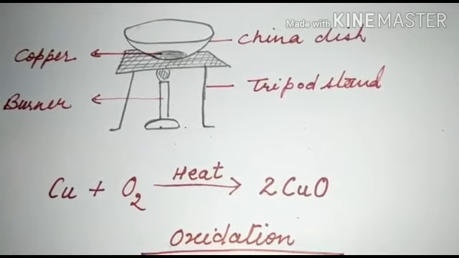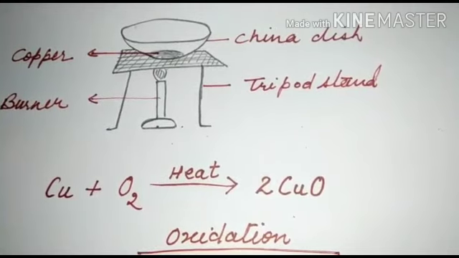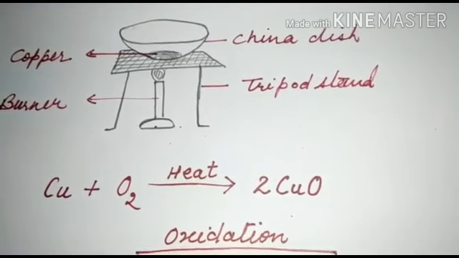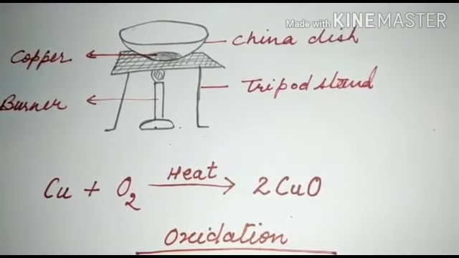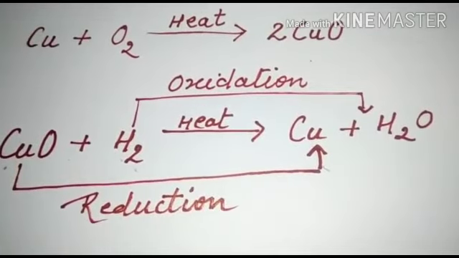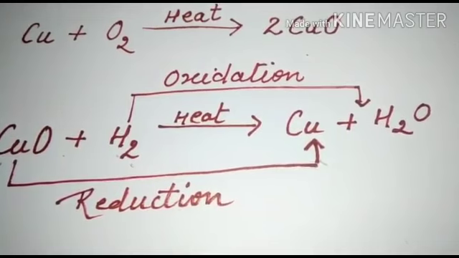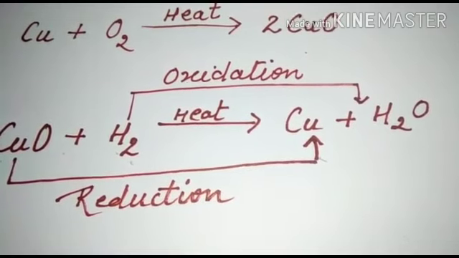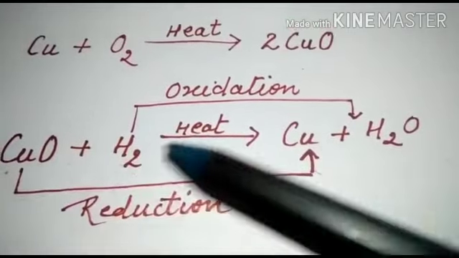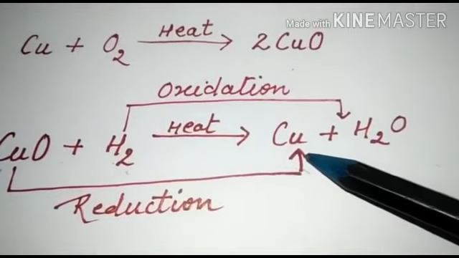To this, if hydrogen gas is passed, the black coating on the surface turns brown as a reverse reaction takes place and copper is obtained. Here, during this reaction, the copper oxide is losing oxygen and is being reduced to copper.